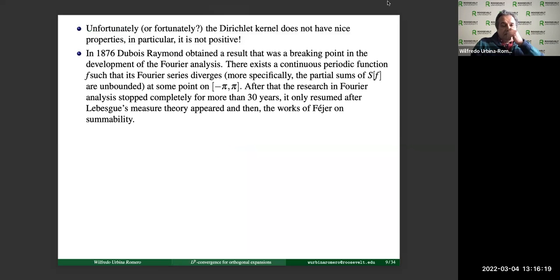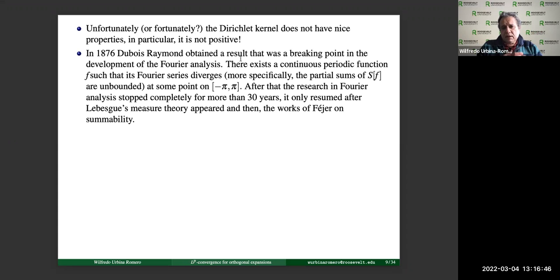But in 1876, Du Bois-Reymond obtained a result that was a breaking point in the development of Fourier analysis. Up to that point, nobody was able to prove it, but people suspected that a continuous function should have a nice Fourier representation. But he proved that he could find a continuous function that diverges at least at one point.